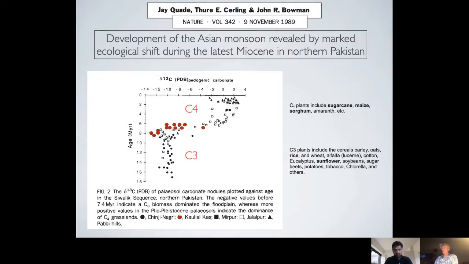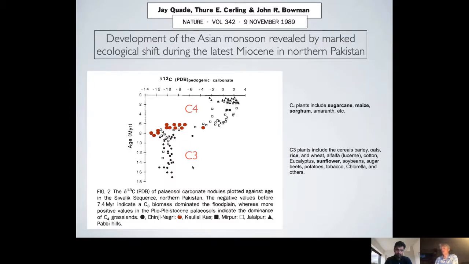from this isotopic signature with an average of around -11 to this one, which is 0 or more positive numbers. And these isotope values are tied to plants that use the C3 photosynthetic pathway.